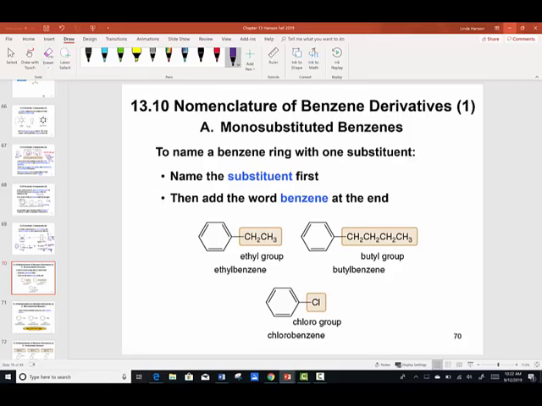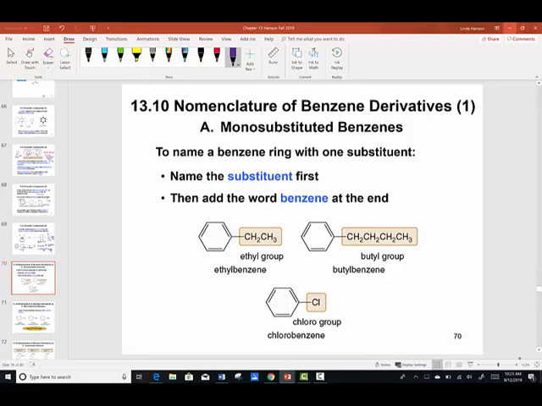Let's spend a moment talking about nomenclature of the benzene derivatives. With our benzene derivatives, we're going to practice naming some different types of aromatic compounds with a base root of benzene.